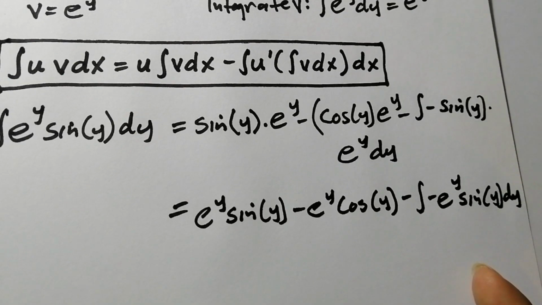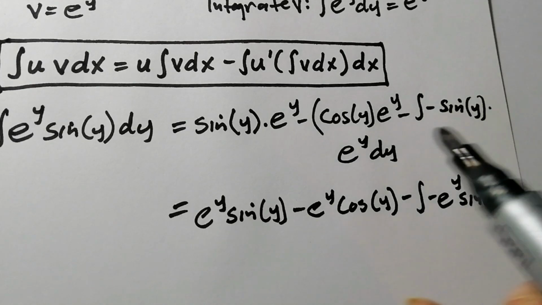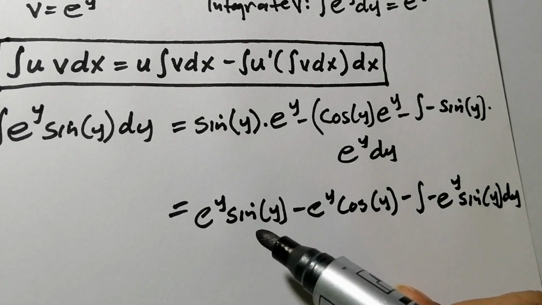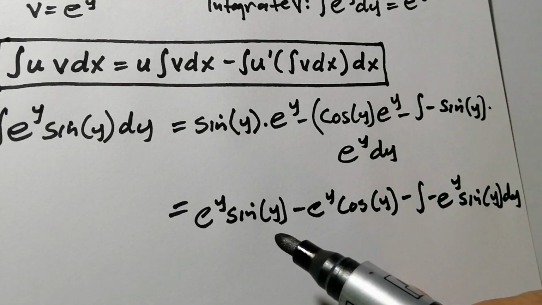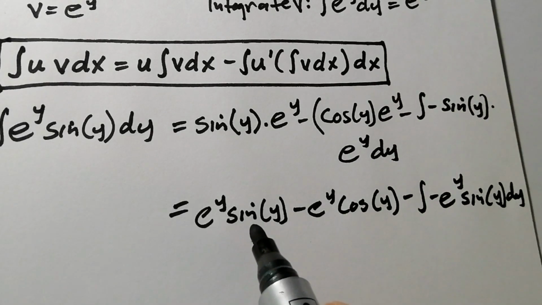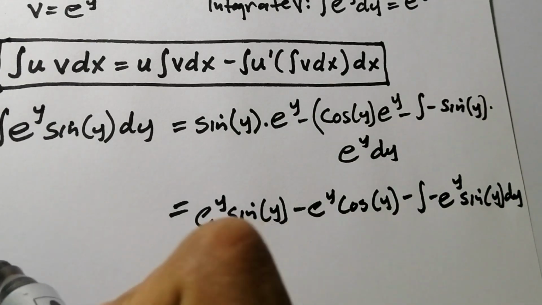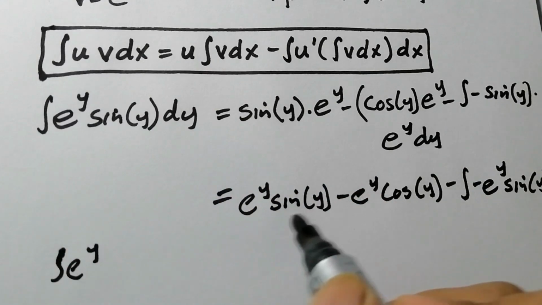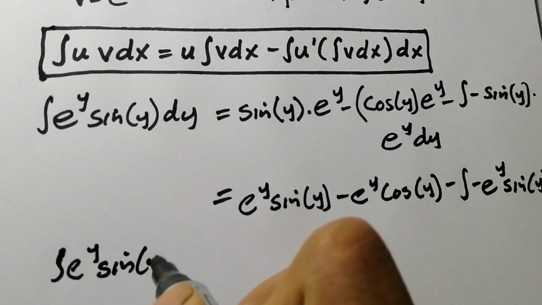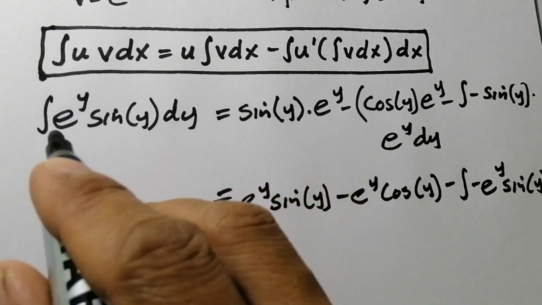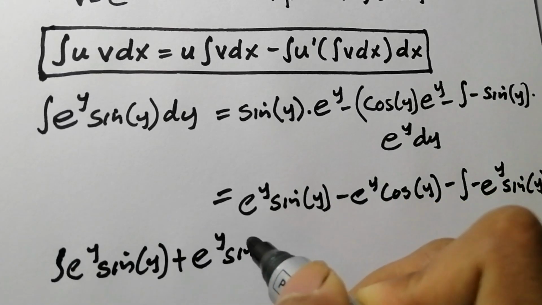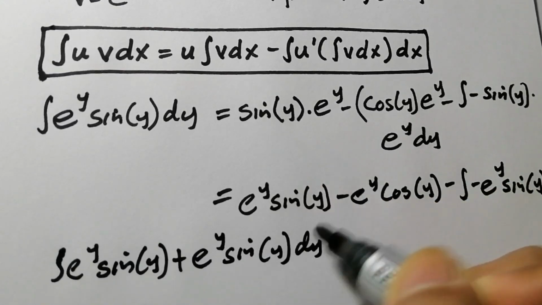Now we have the same integral on both sides, except one is subtracted, so we can take the e raised to y sine y integral to the left side. This will be written as the integral of e raised to y sine y dy, plus the original integral, e raised to y sine y dy.